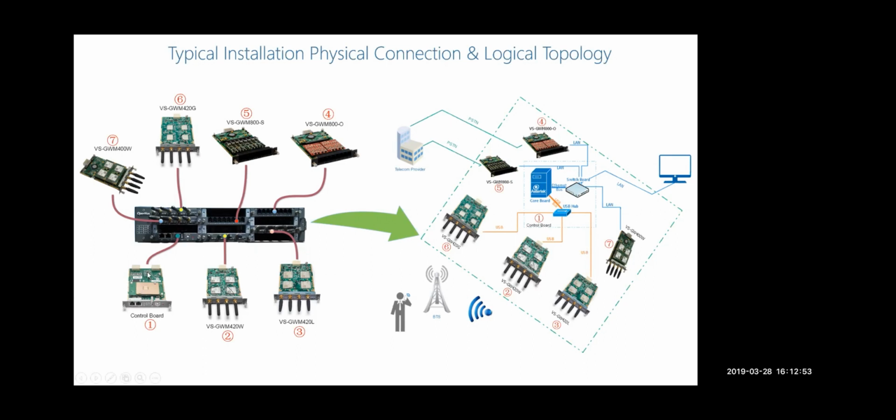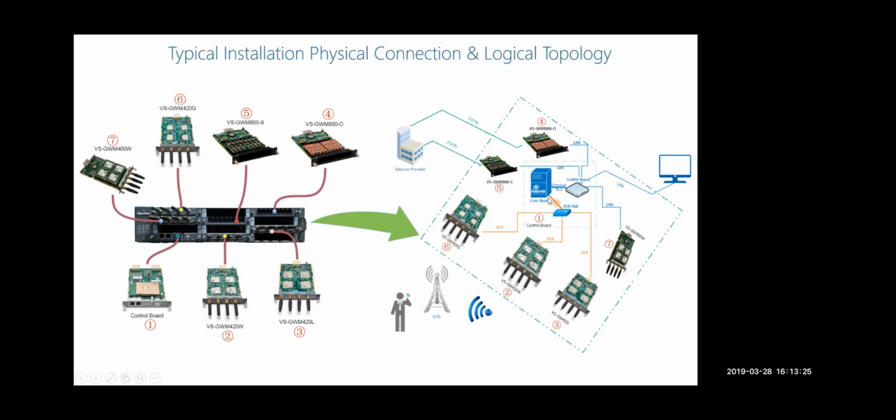We can see the right-hand topology graph. Control board consists of Ethernet switch, USB hub, and the core board. The core board communicates with Ethernet switch via the Ethernet bus, and with the USB hub via the USB bus. As we explained just now, the old version module and the switchboard communicate via the Ethernet bus as before.